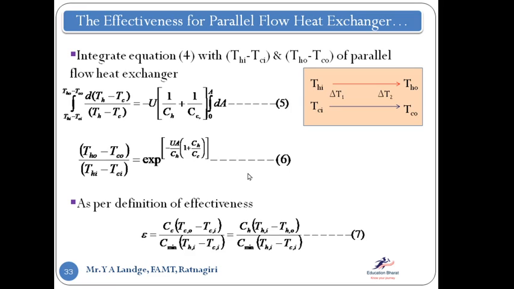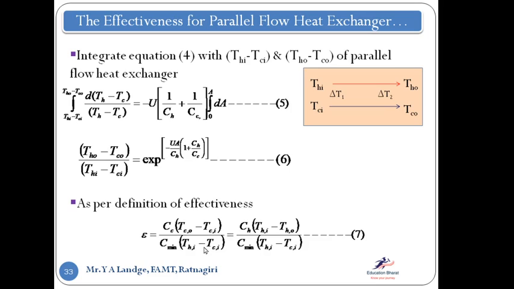So what is Q actual? We write this epsilon value as, if Cc is minimum, (Tco minus Tci), the outlet temperature of the cold liquid minus the inlet temperature of the cold liquid, upon the maximum value. So what is Q max?